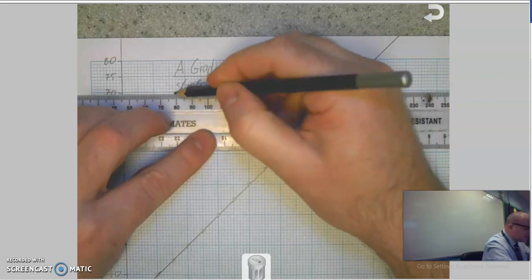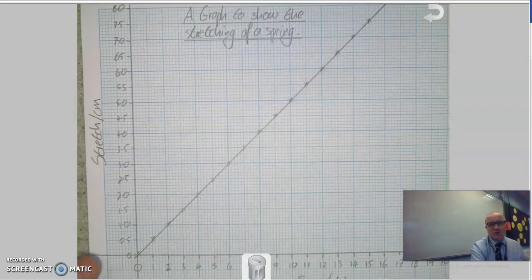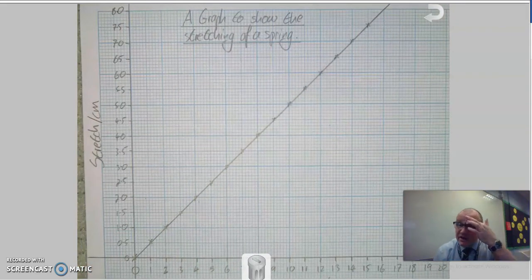Now that I have got my graph finished, what I would like you to do is take that graph, take your results. Let's just make me big again. Take your graph, take your results, and write a conclusion. Can you work out what the rule is that this spring is following?